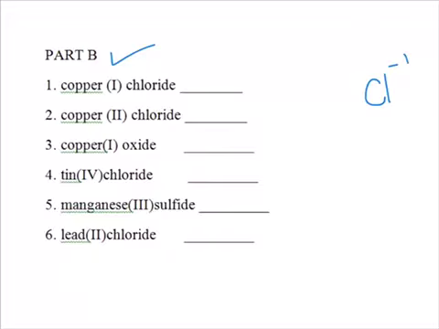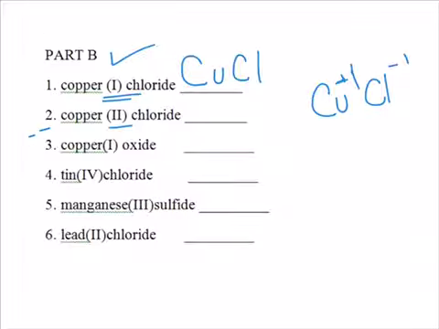So here in number 1, copper's a +1. +1 cancels with -1. Our formula. But sometimes copper can be a +2, as in number 2. Copper Roman numeral 2 chloride. The Roman numeral gives you the charge of the metal.